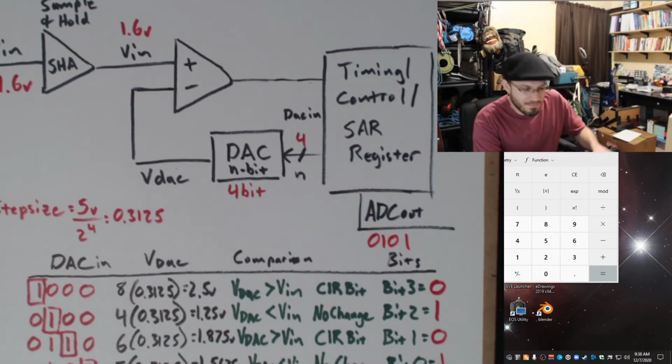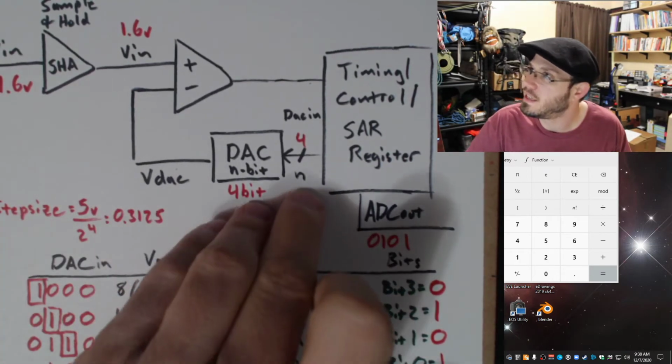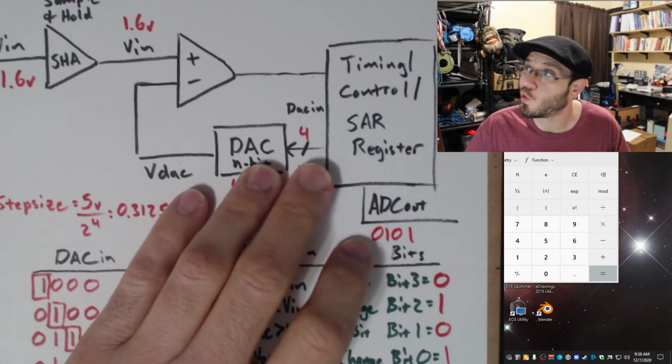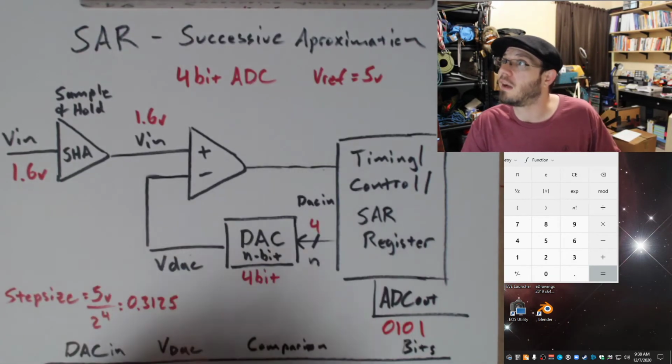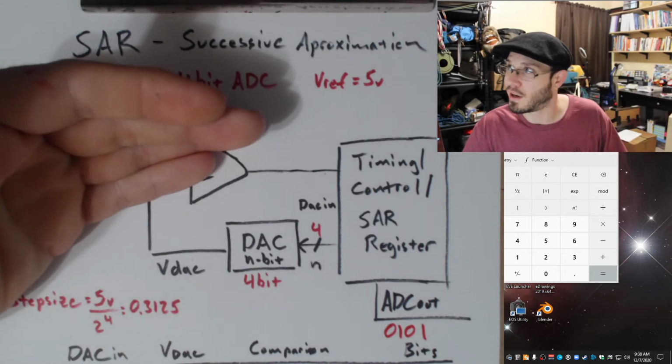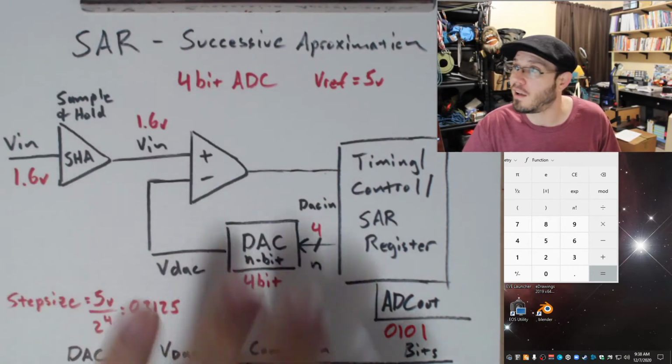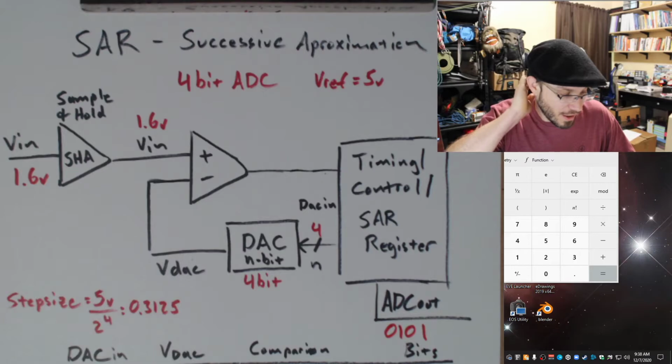So, as you can see, the digital analog converter is actually crucial to the construction of an analog digital converter. It's really just an extension of our DAC for our ADC.